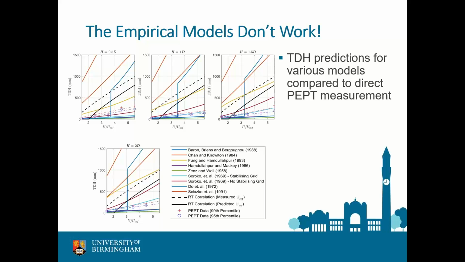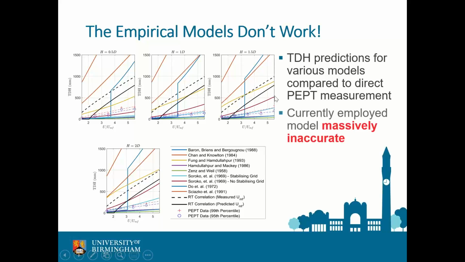When we looked at what they were modelling, the transport disengagement height of the fluidized bed, and compared it to the values we could directly measure with PEPT, it became immediately apparent that the model the company were using, represented by this dashed line, was nowhere near the actual TDH, represented by our crosses and circles here.